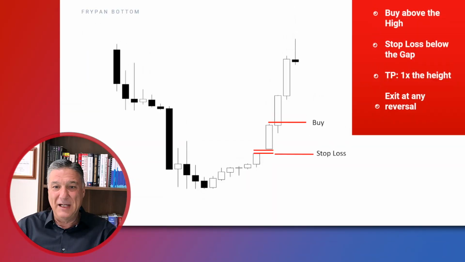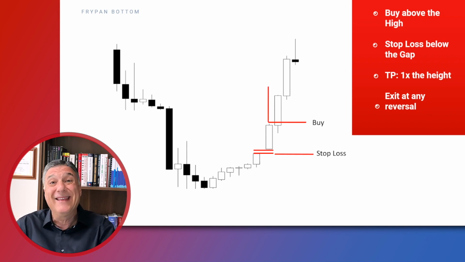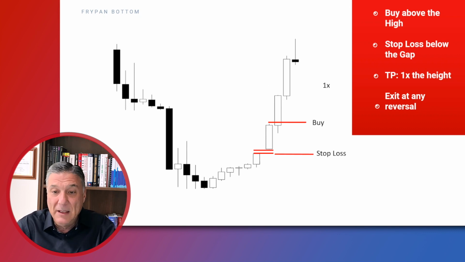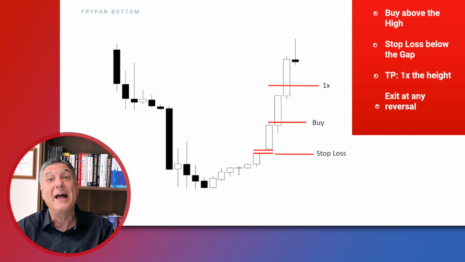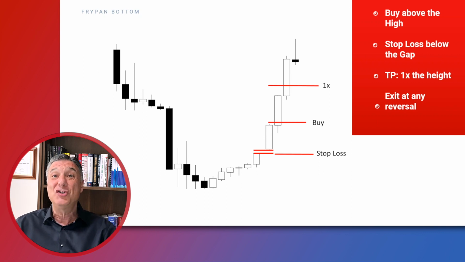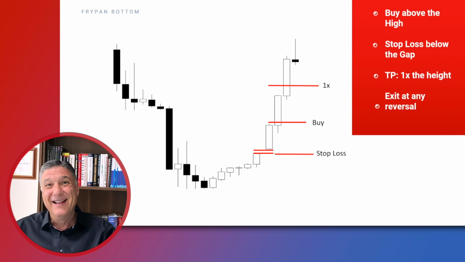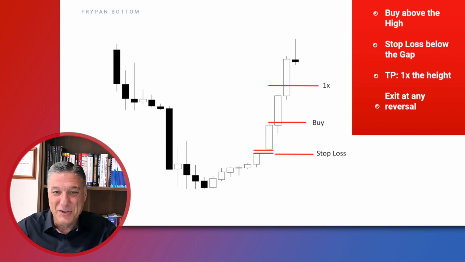Regarding the take profit strategy, now we're going to simplify it: we close part of our trade at 1 time the height of the pattern, and then allow the remainder to run higher, taking advantage of the momentum and the rally. But when we identify any reversal pattern in the opposite direction, we close the remaining position.